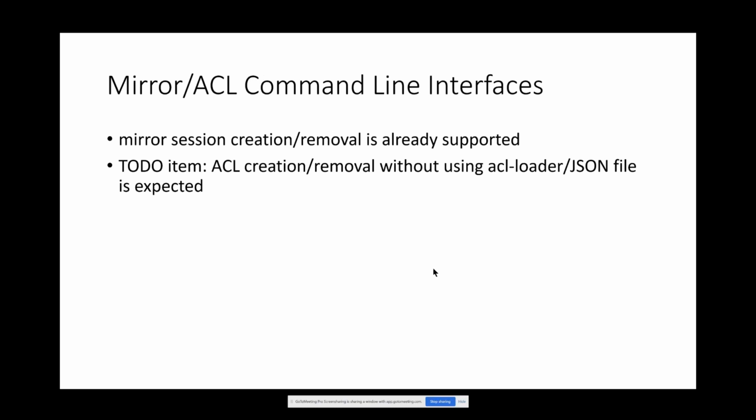Right now, we are able to create and remove the mirror sessions using the CLI, but we also want to use the command line for ACL modifications, because the ACL loader and the JSON file might not be that user friendly when a user is on the device. So that's basically everything in this enhancement. Any other questions?